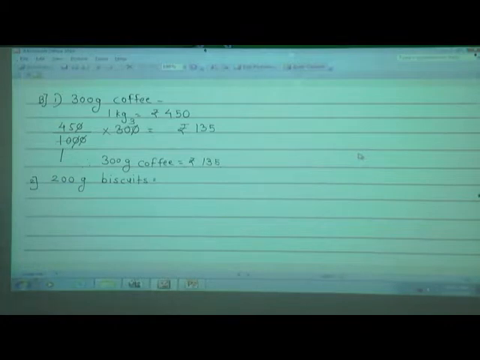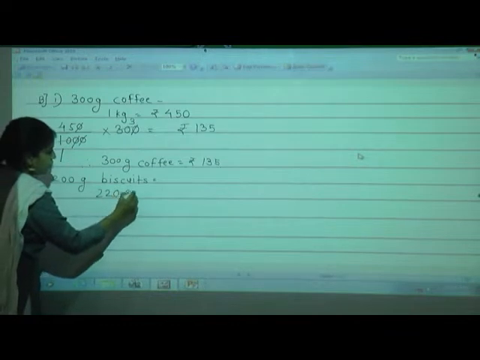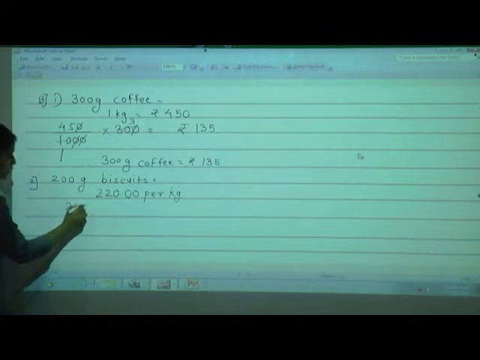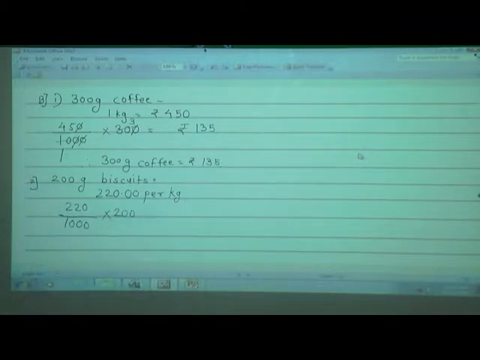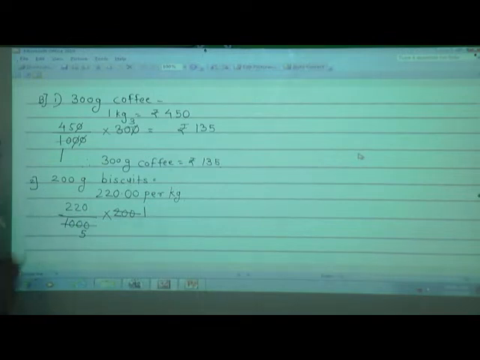Now the rate of biscuit, see the table, supermarket list, you can see there the rate of biscuit is 220 per kg. That means 220 divided by 1000 and just multiply it by 200. Now students, see here, 200 ones are 200, 200 fives are 1000.